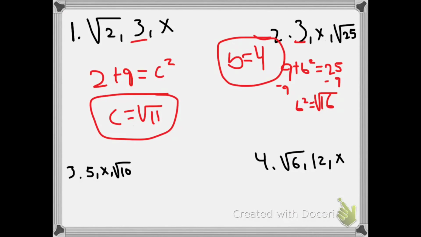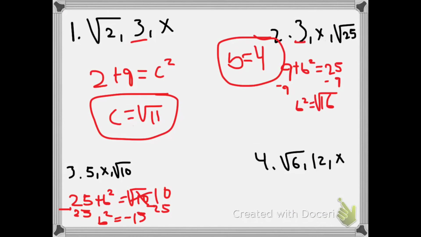So for this one, 5 times 5 equals 25, plus b squared equals the square root of 10 squared, or 10. So b squared equals negative 15.